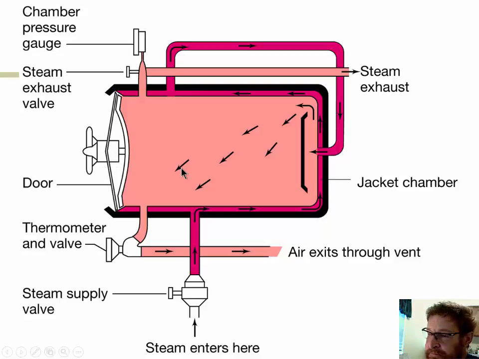Once you seal the door, you can put steam in the outside jacket, the one in the darker red, and that will heat the inside chamber and also put a little bit of the steam in there. You always have to be watching the pressure, but these big autoclaves are sort of the standard for sterilizing things.